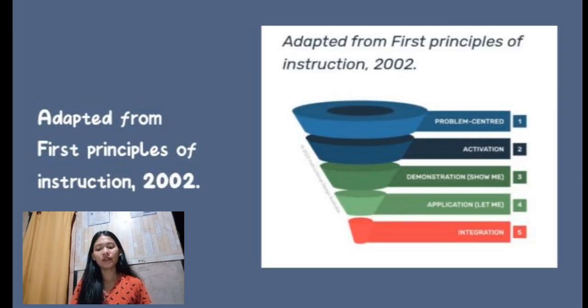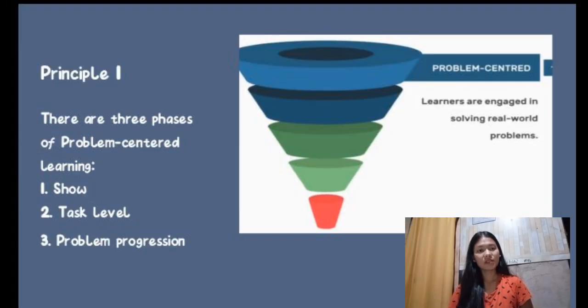We have here the 5 principles of instruction. First is problem centered, second is activation, third is demonstration or show me, fourth is application or let me, and fifth is integration. So now let's tackle David Merrill's instructional design principles.